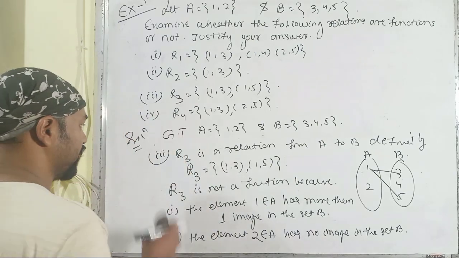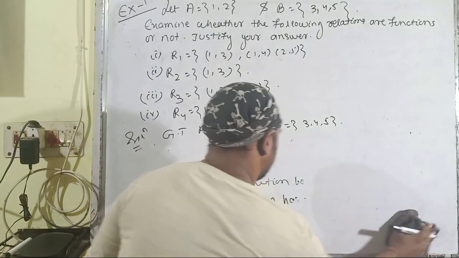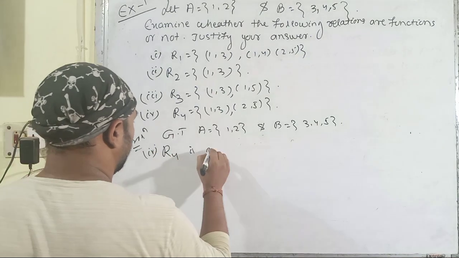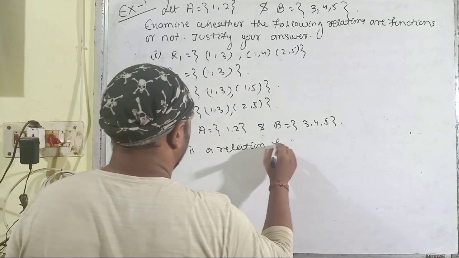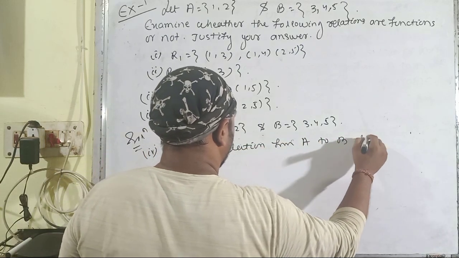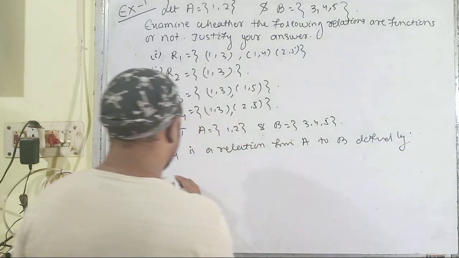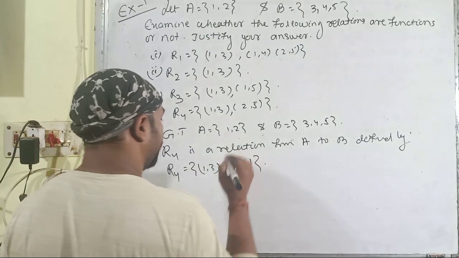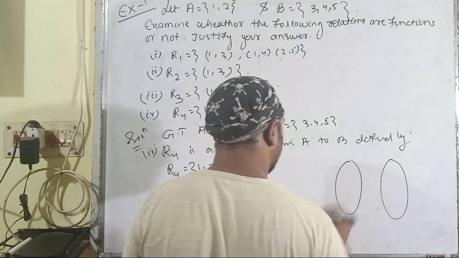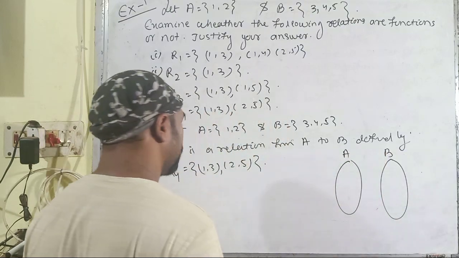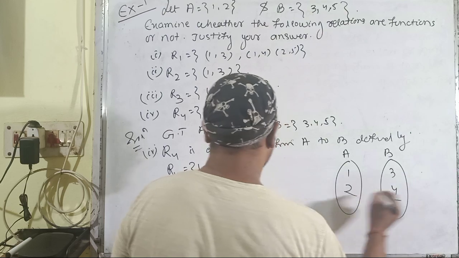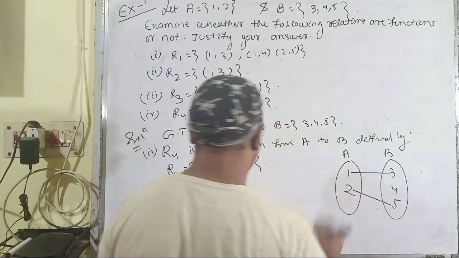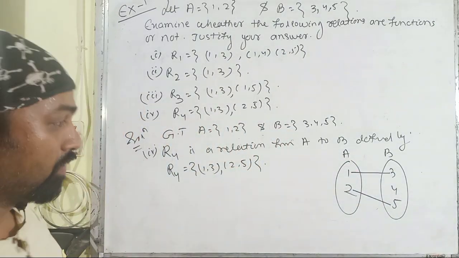Then moving to the fourth bit. R4 is a relation from A to B defined by R4 = {(1,3),(2,5)}. 1 is making an ordered pair with the element 3 in the second set, and 2 is making an ordered pair with the element 5.